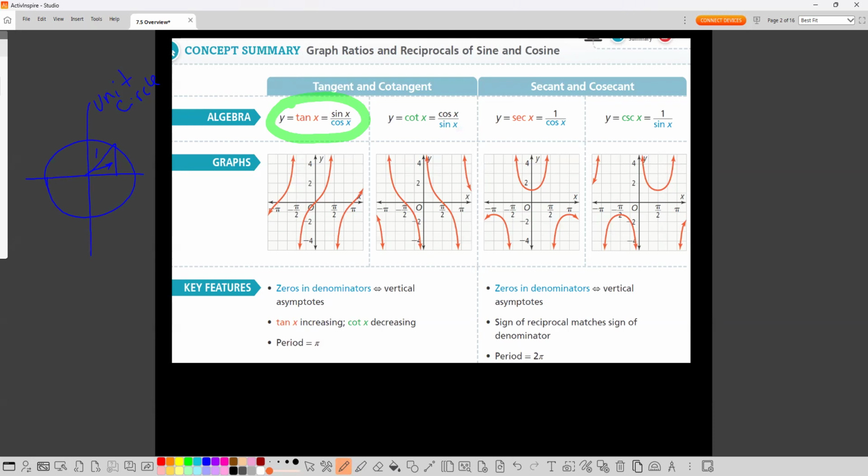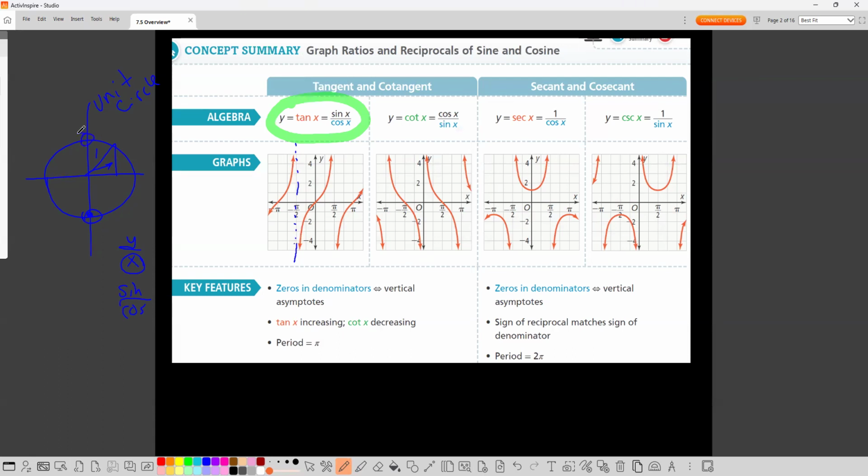in each case, when you're at negative pi over 2 right down here, remember we said we're talking about y over x, or sine over cosine. This x in the denominator, that x is 0, so you're dividing by 0. So at negative pi over 2, it's undefined, and it's going to be an asymptote.